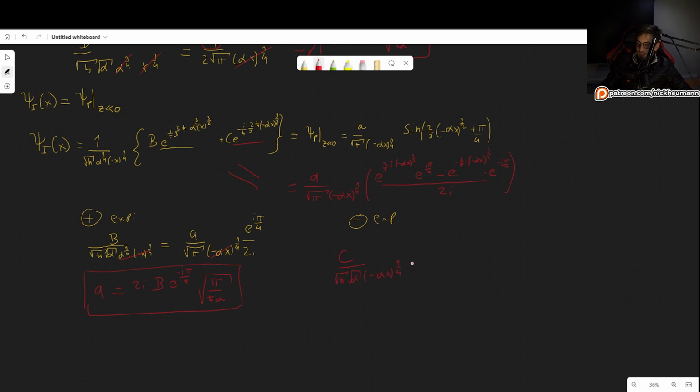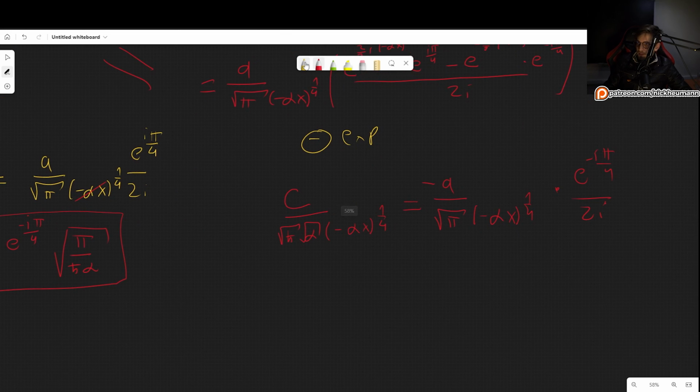I'll just write them together because we know that they're going to cancel out just like they did a few moments ago. And this has to be equal to a divided by the square root of pi minus alpha x to the 1/4, and then times, oh, there's a minus sign there, by the way, don't forget about it, so minus, and then e to the minus i pi over 4 divided by 2i.